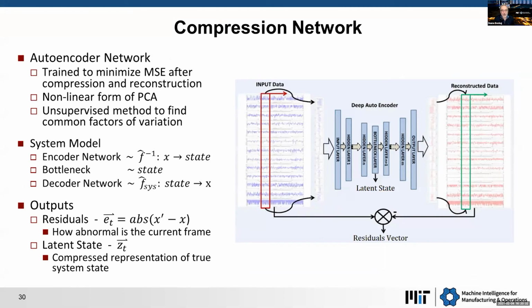The basic autoencoder is trained to minimize the mean square error after compression and reconstruction. You can imagine this as creating sort of a nonlinear principal components, a nonlinear latent state. A beauty of it, again, is it's unsupervised, so we can just feed it known good data. And it also has some element, we talked about interpretability.